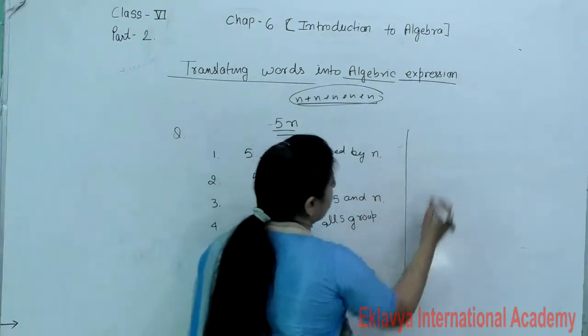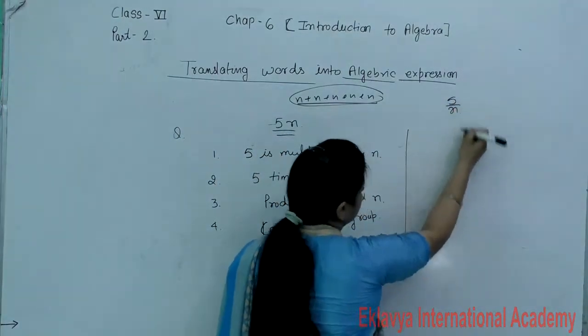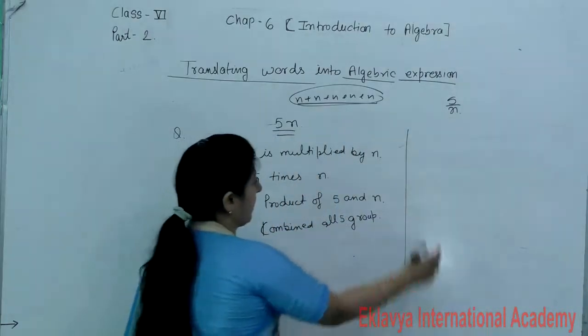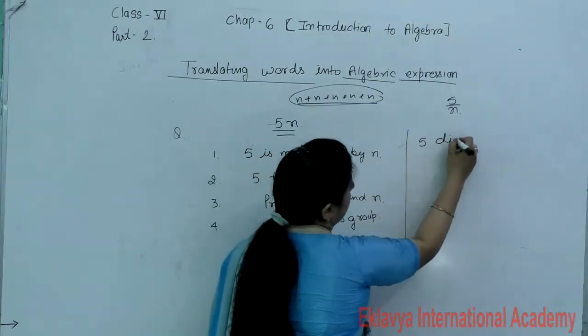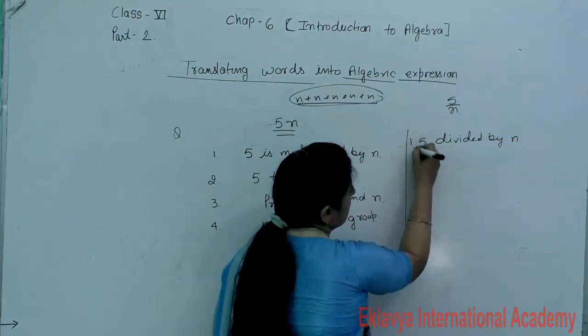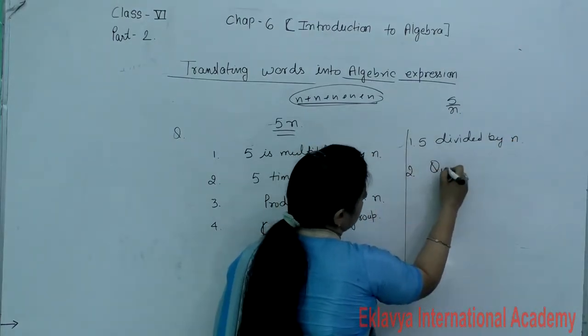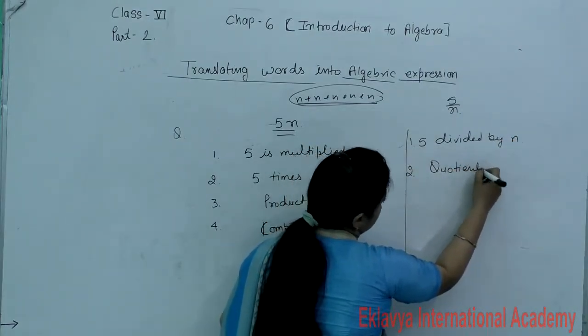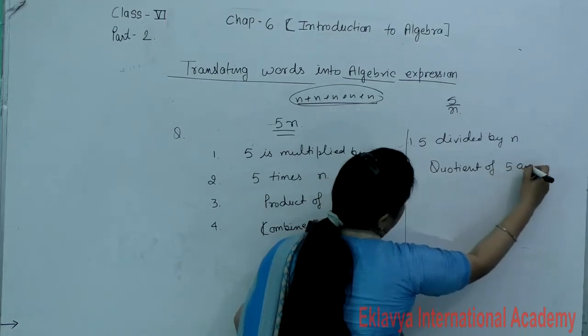If I write down 5 divided by n, then we say 5 divided by n. Second, quotient of 5 and n.